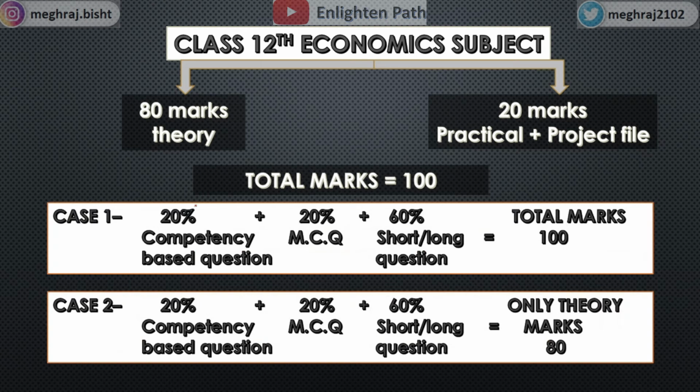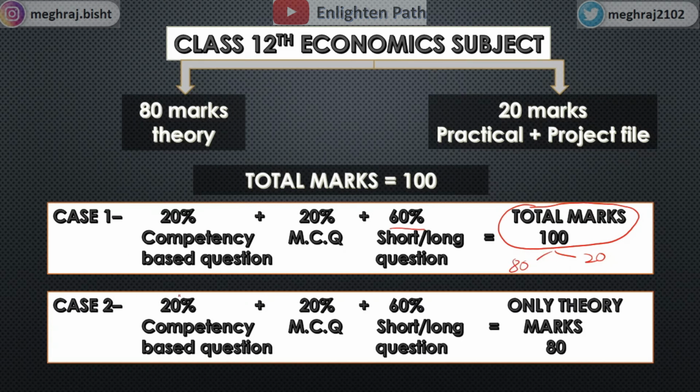In the first case, the breakup of percentage 20%, 20%, 60% is from the total marks of 100. These 100 marks include 20 marks practical and 80 marks theory examination.